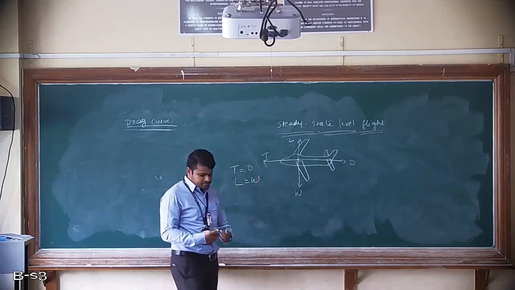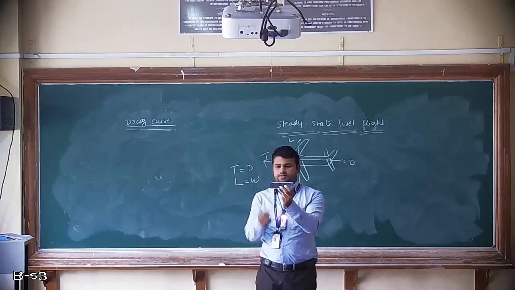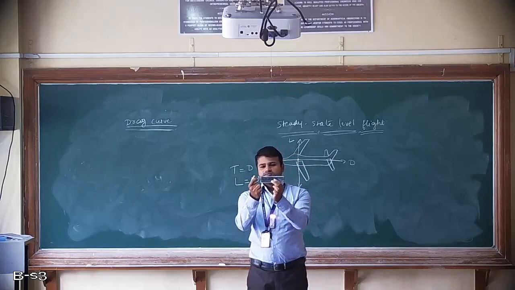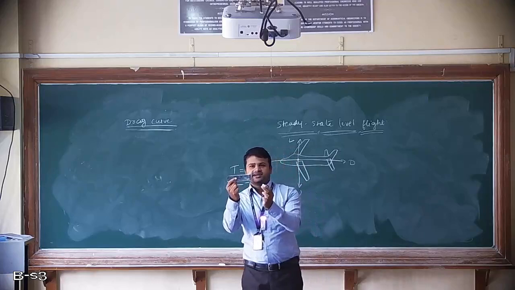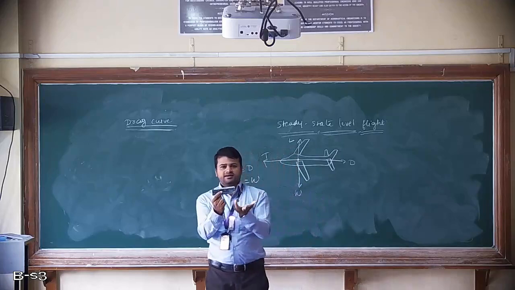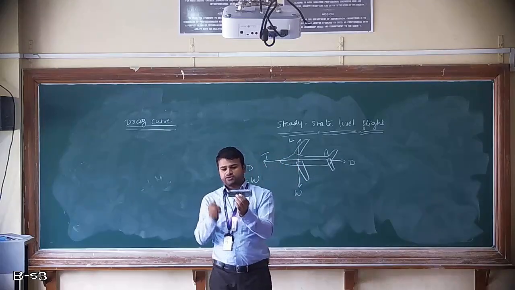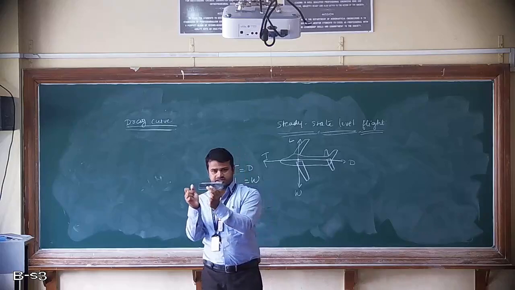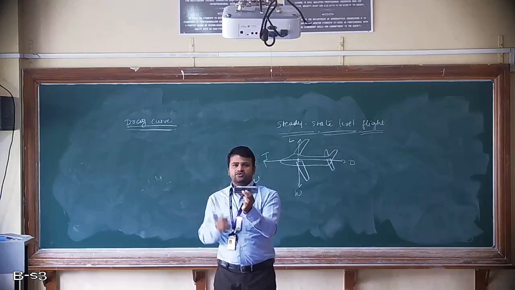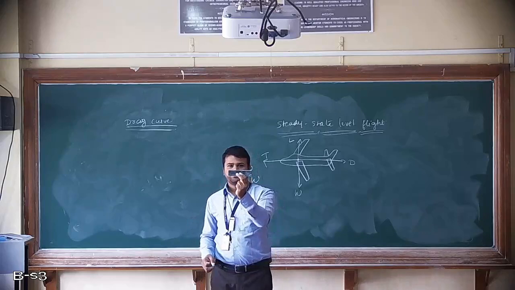That means your aircraft is moving like this. When you have more thrust, it will accelerate, that means it is overcoming the drag. But if the thrust produced in this direction is equal to the drag, it will not accelerate, it will remain steady.